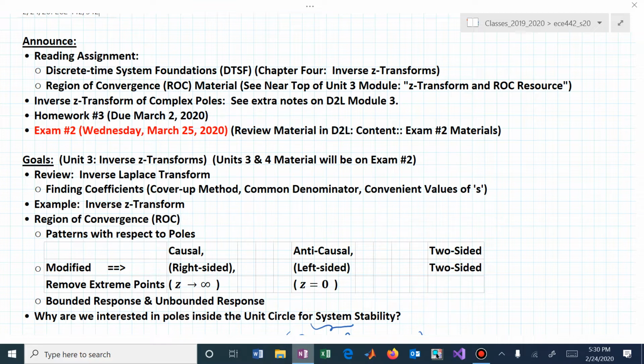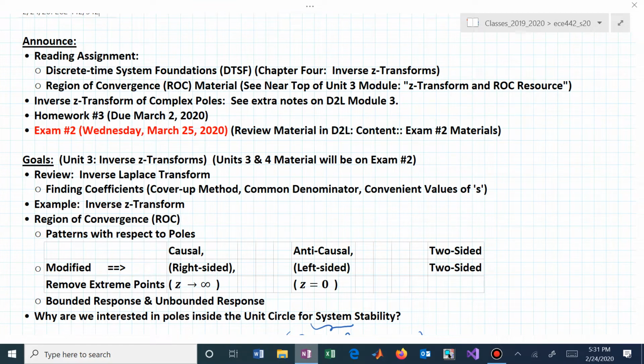When you have complex poles, now you have exponentially weighted sines and cosines. Whether those exponentials are growing or contracting depends on whether they're outside or inside the unit circle. If you have exponentially weighted sines and cosines, you have complex poles.